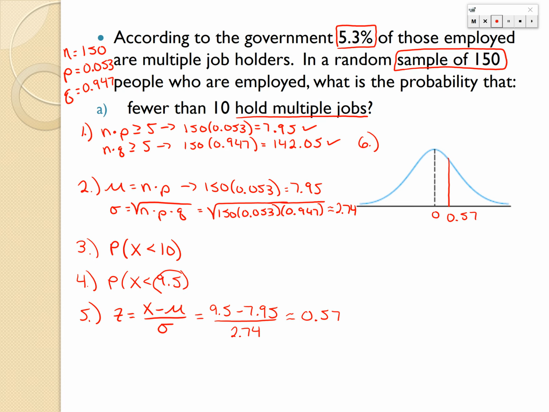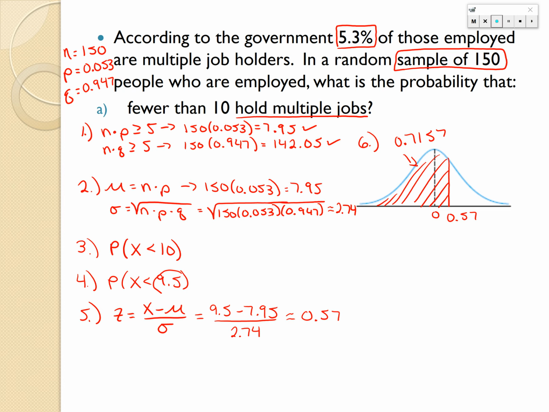And it says we want fewer than 10, so we're going to shade to the left. The left areas for the table people, these are the ones you like the most. When you look up 0.57 as your z-value in table E, the area you get is the area you get to use.